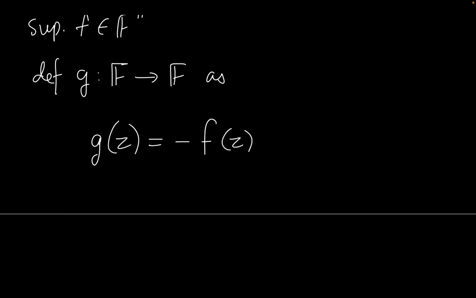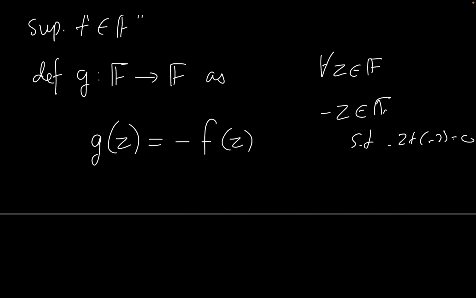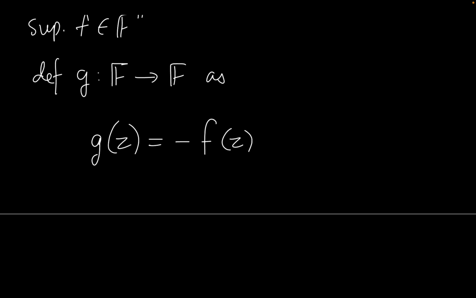So we know that for every element z in F, there exists an element negative z such that z plus negative z is equal to 0. So since we already have that established, I'm going to choose the symbol negative of f(z), and f(z) is a scalar. So negative f(z) will be that scalar which, when added to the scalar f(z), makes the sum 0.